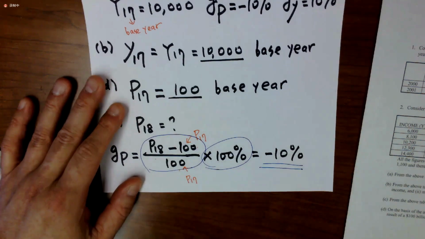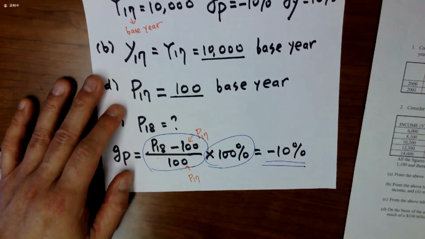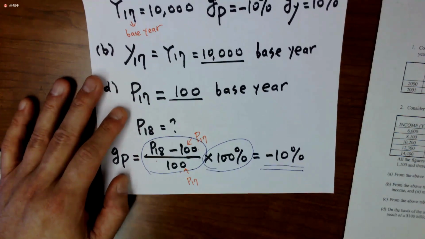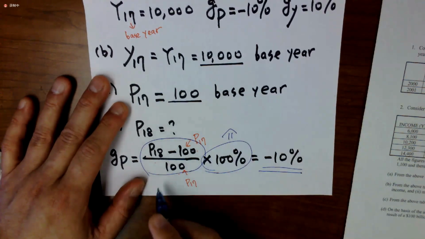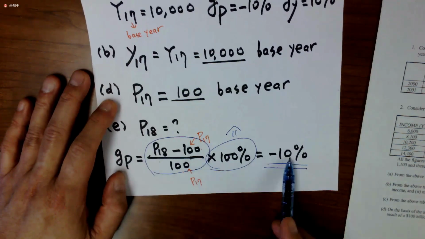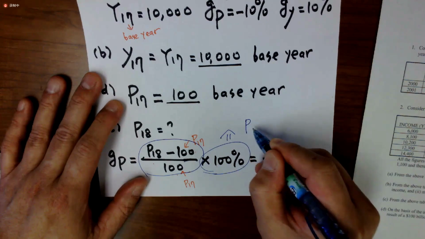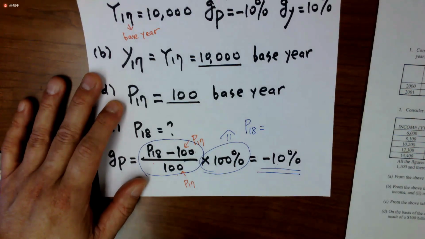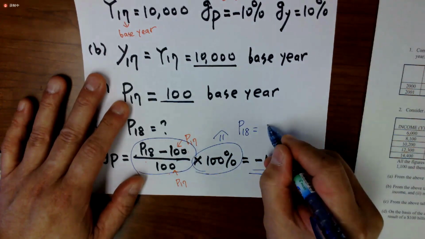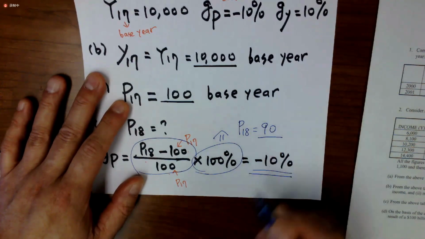Are you able to solve for P18? Yes. I give you this equation. You should be able to solve for P18, which is therefore equal to 90. 90. Thank you. Underline it.